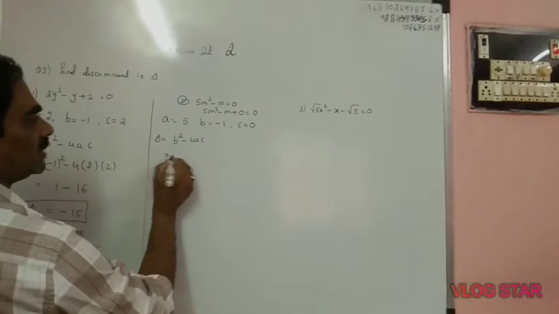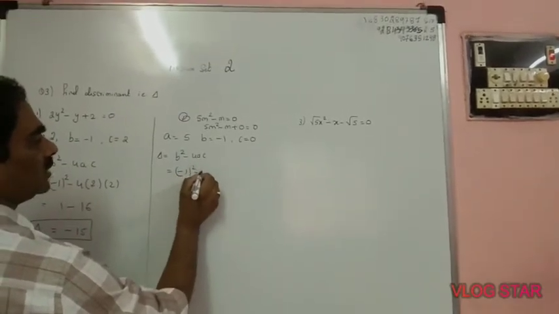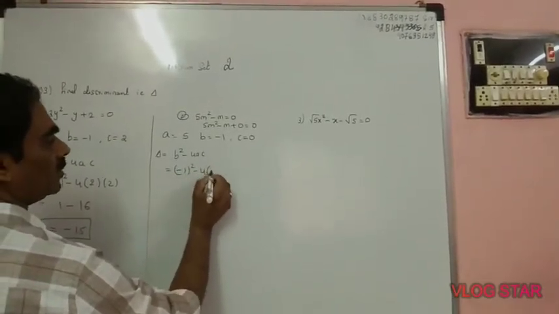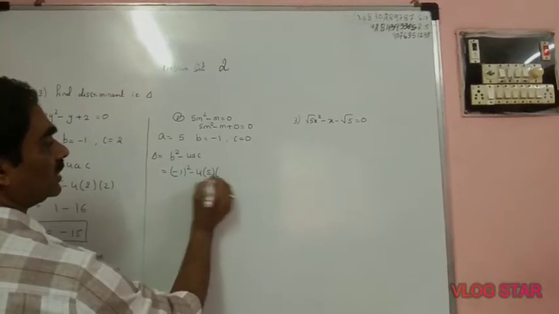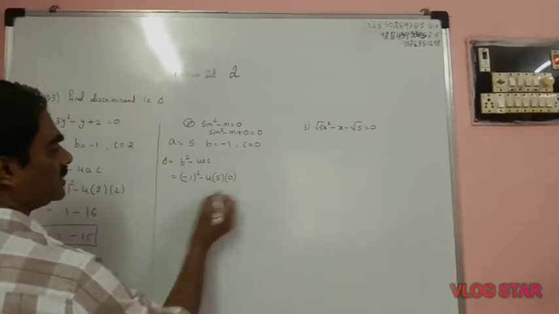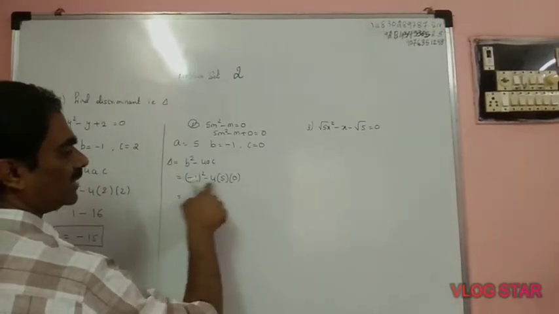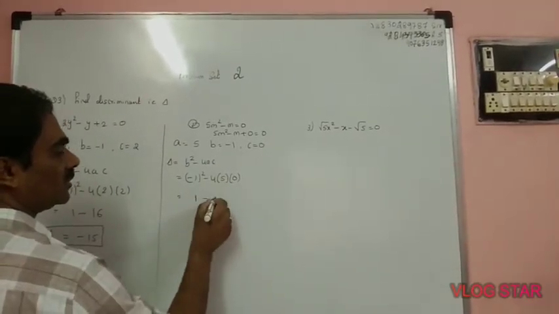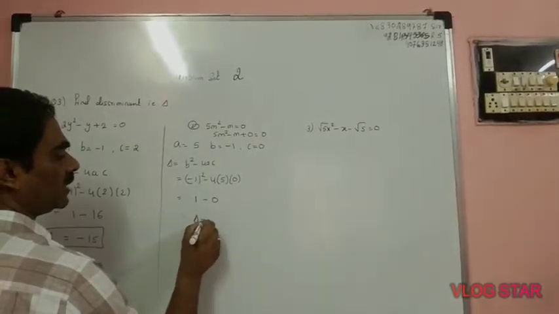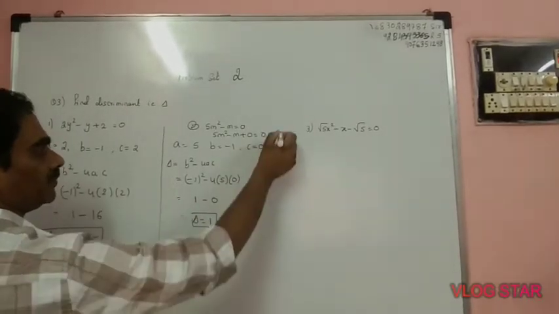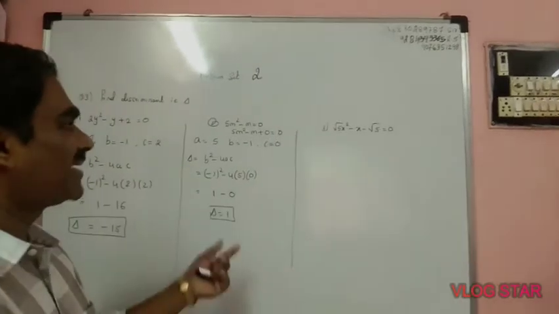B क्या है? Minus 1 the whole square minus 4, और A की वैल्यू 5 and C की वैल्यू है 0. आंसर क्या है इसका? 1. But if you multiply any number with 0, answer will be what? 0. Therefore, delta we got what? 1. Okay. This was the second sum.